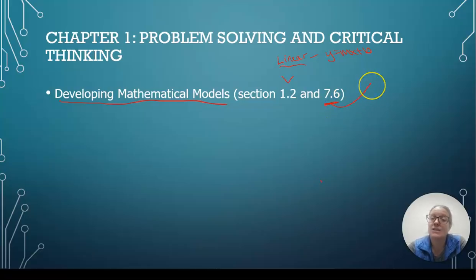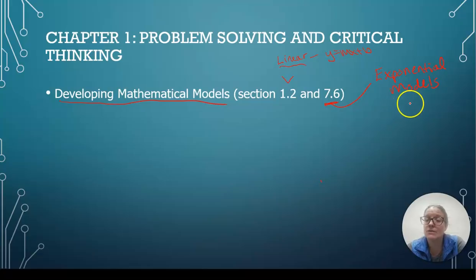And then in section 7.6, you're going to be working with exponential models. This one might not be as familiar to you depending on what math classes you have taken previously.